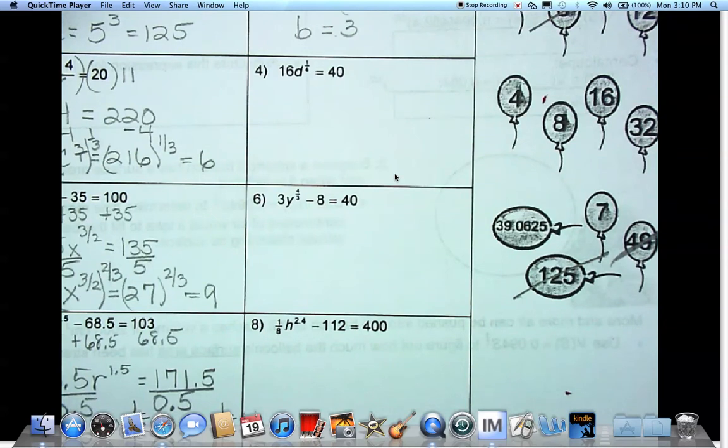No, no. You want to get this by itself, what do you do? Oh, okay. You said that goes here. Oh, well, yeah, okay. That's right.